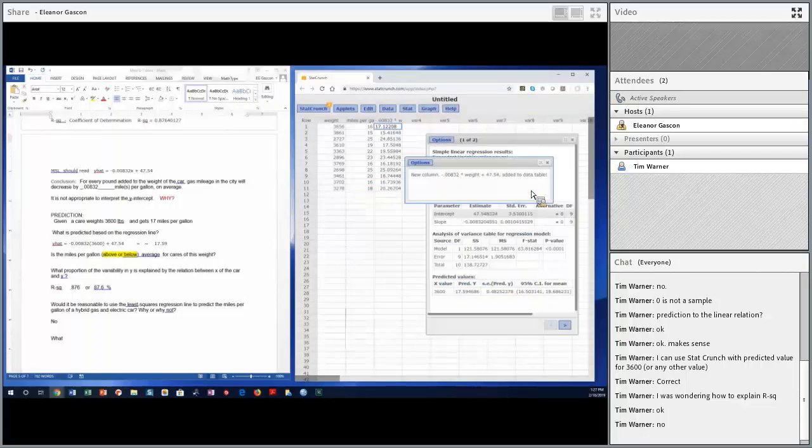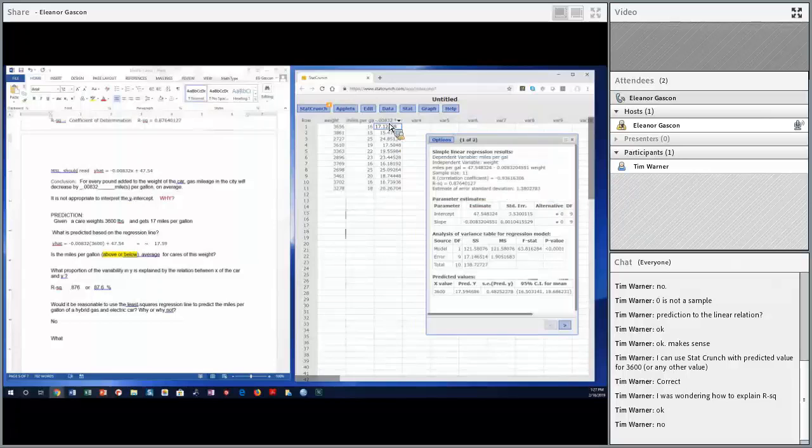Okay, and Compute. These are your Y hat values for those exact weights.